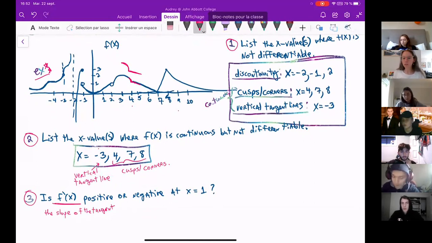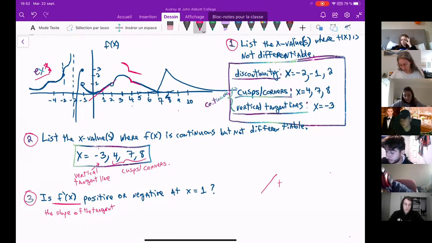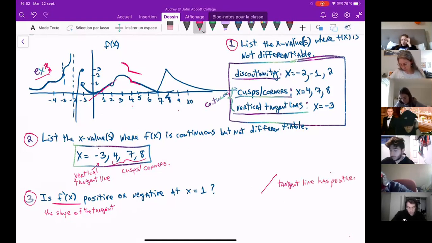It's just at that point, the line is going up. Exactly. So if I were to draw a dot right there and draw my tangent line, it's going to look something like that. The tangent line has positive slope. So the answer here is positive.